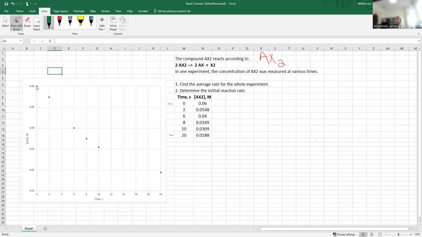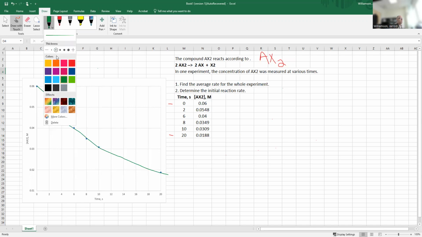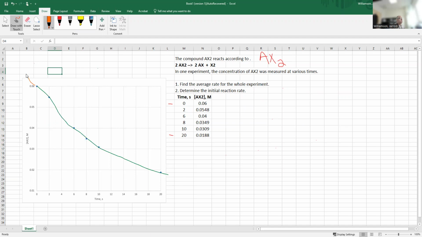That means I need to draw, here I'm going to draw kind of a really poor, okay, that's a very poor best fit line, right? Because again, I'm drawing with my mouse, but you guys get the idea. And I need to extend this line or extrapolate backwards, and kind of continue what it would probably look like going backwards.